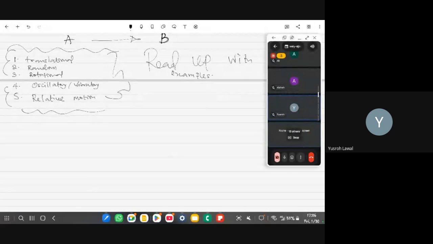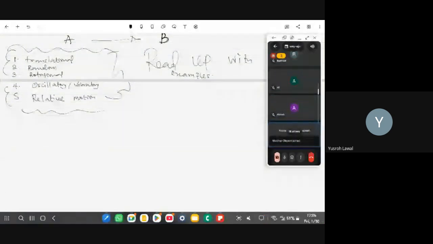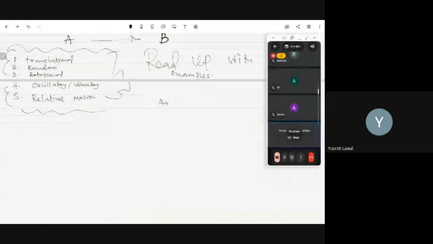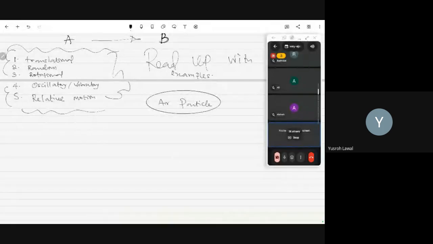So when we say random motion, that object is moving in an irregular form. A very good example is the movement of air particles. At a particular instant of time, you can't tell where the smoke particle is going to go.